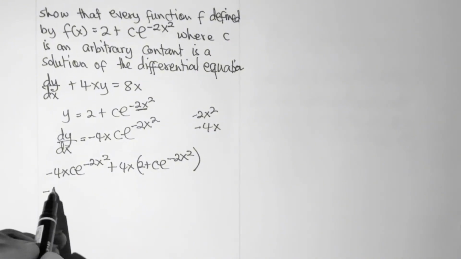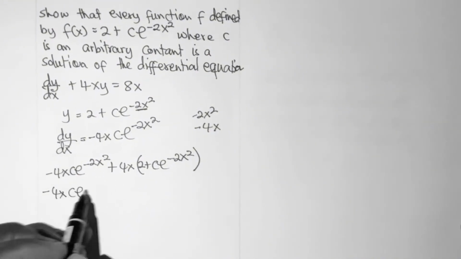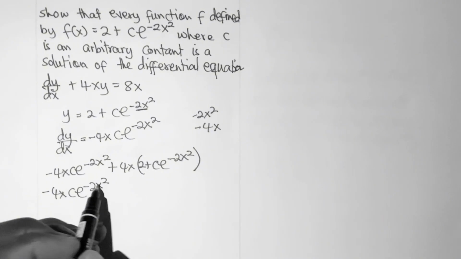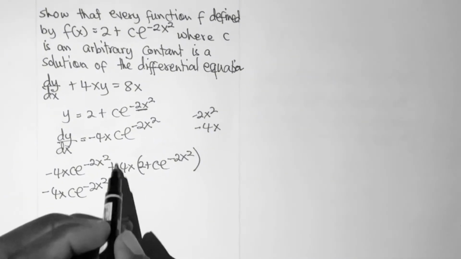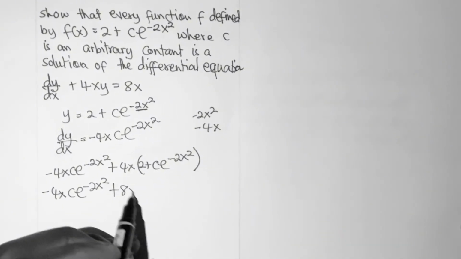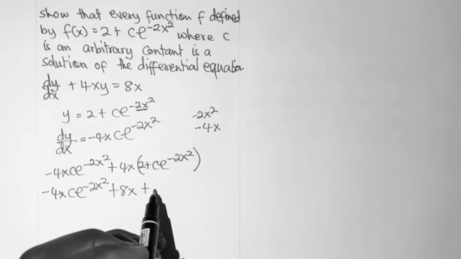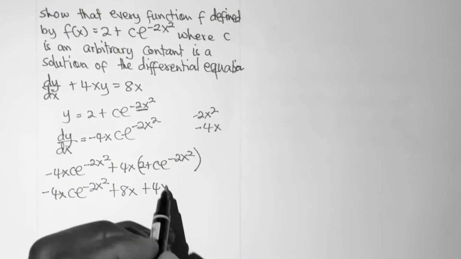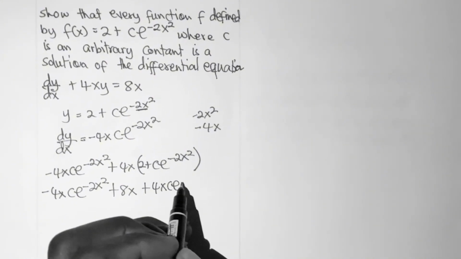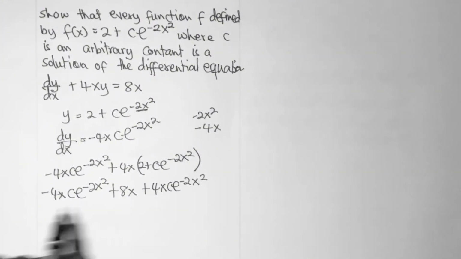Now this is minus 4x c e^(-2x²), then plus 4x times 2 is 8x, then plus 4x times all of this becomes 4x c e^(-2x²).